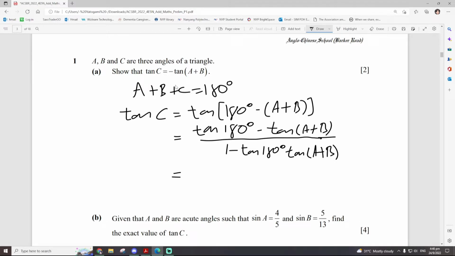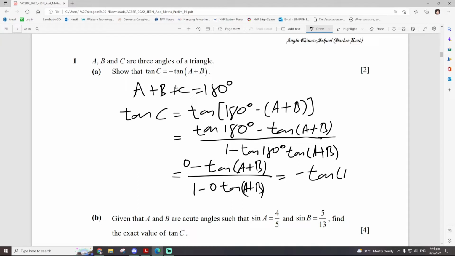So this is actually going to be minus tangent of A plus B. If you want, you can write a 0 here: 1 minus 0 times tangent of A plus B. And from here, you can see that this is just negative tangent of A plus B. Okay, cool.